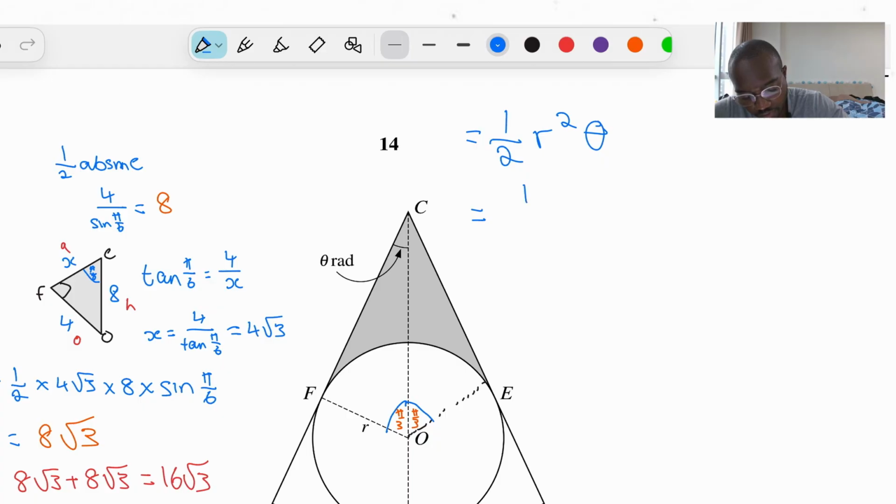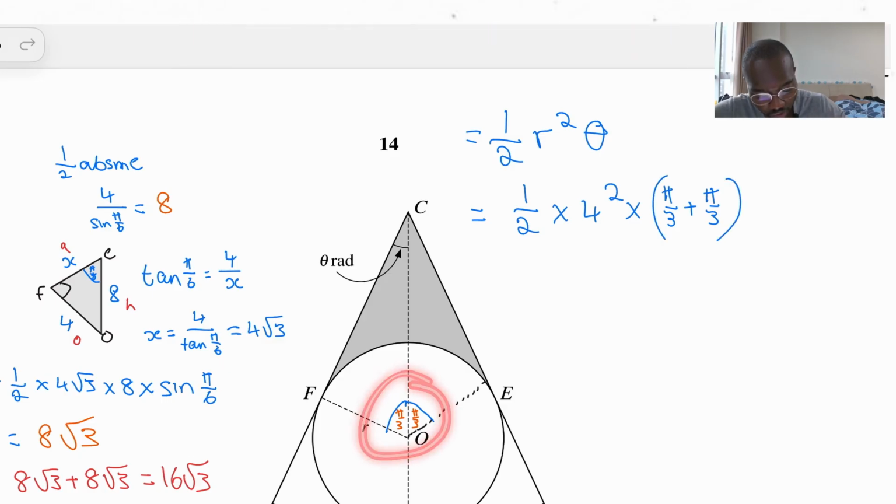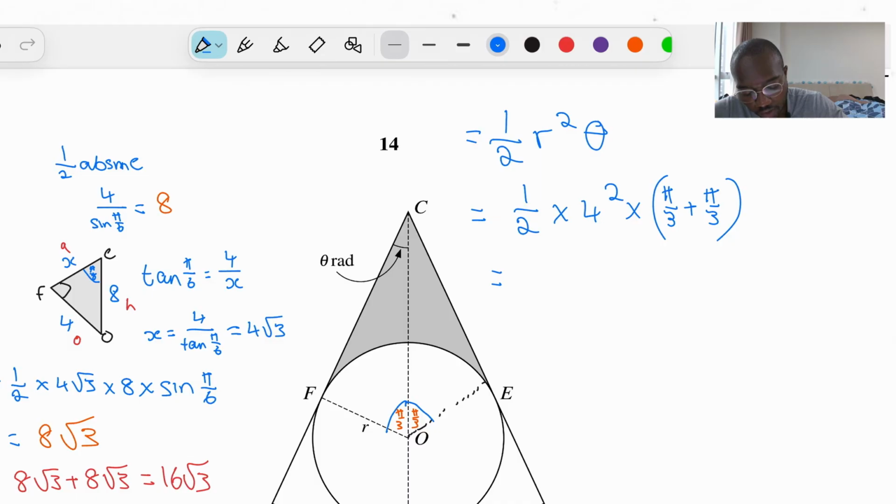So we get half times 4 squared, times pi over 3 plus pi over 3, because we can just add up these angles here. So the angle is actually 2 pi over 3. Half times 4 squared is 8, times 2 pi over 3, so we get 16 pi over 3.